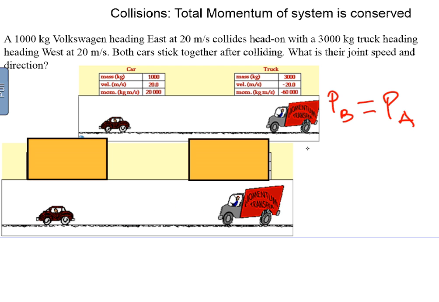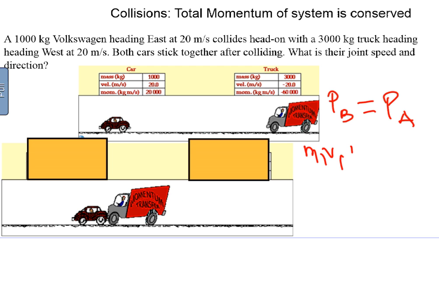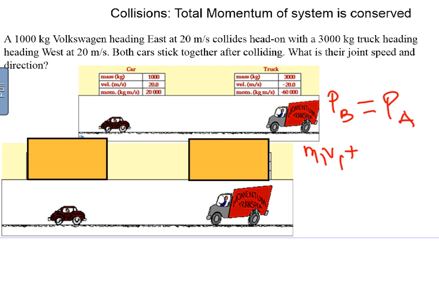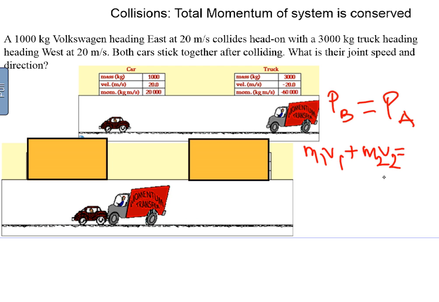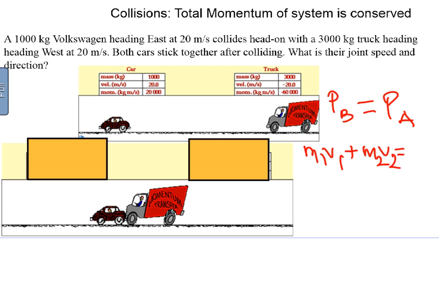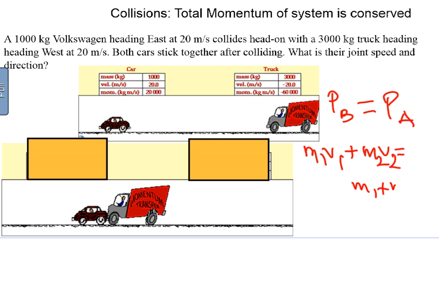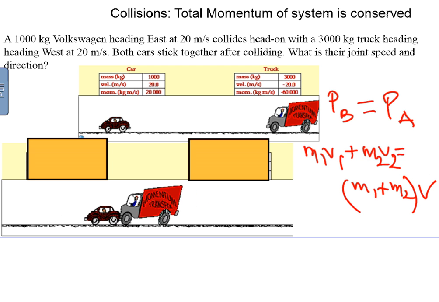The Volkswagen is m1, has a velocity v1, and the truck is m2, has a velocity v2. After collision, they both move off together, so the total momentum is m1 plus m2 times their joint velocity v.